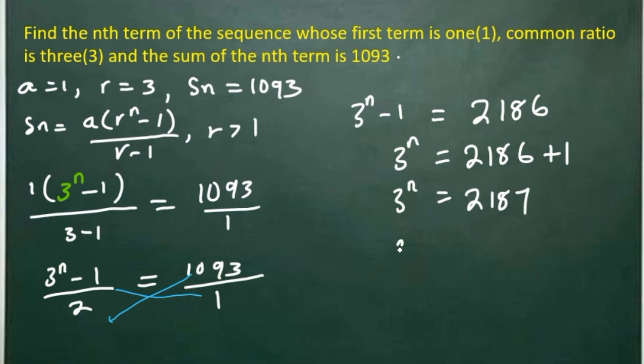We have 3 to the exponent of n equals 2186 plus 1, which gives us 3 to the exponent of n equals 2187. This number can be expressed as 3 to the exponent of 7 in index form. Here the bases are equal, so we equate their exponents. So n equals 7. So the n term of this sequence is 7.